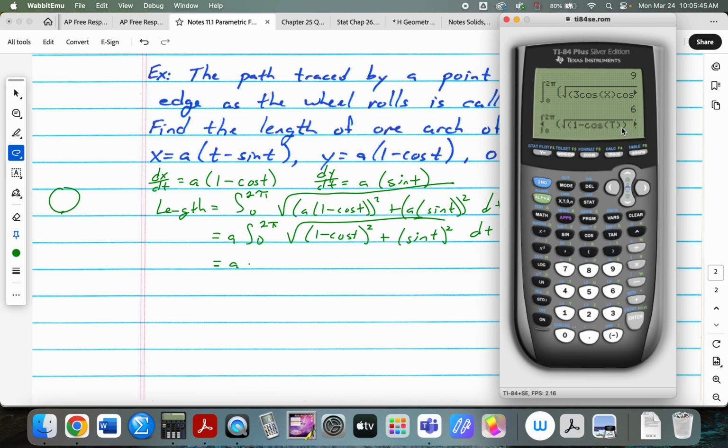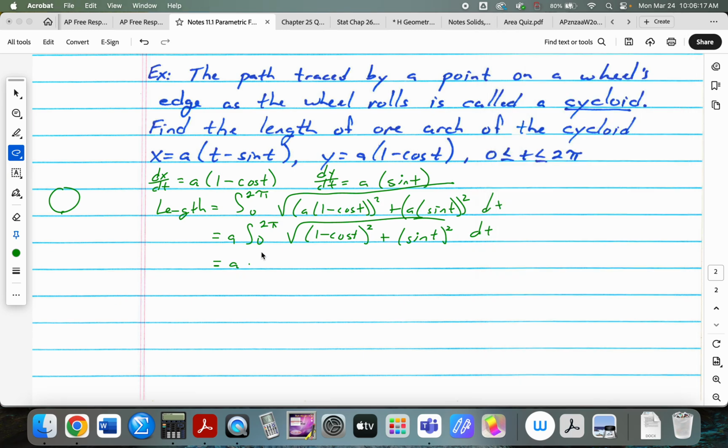Notice you have to put in two parentheses there, one for closing the cosine and one for closing the 1 minus. Squared plus, this is just sine t times sine t. So this comes out to be 8a.